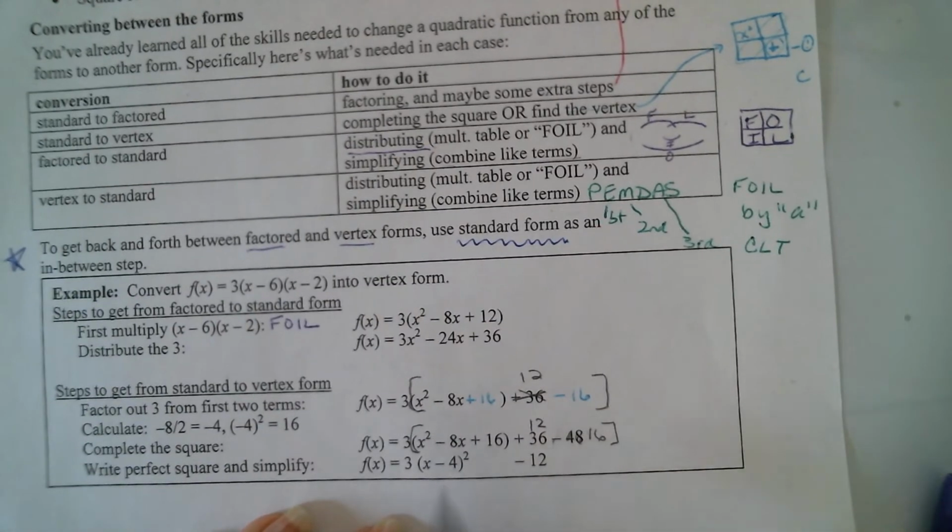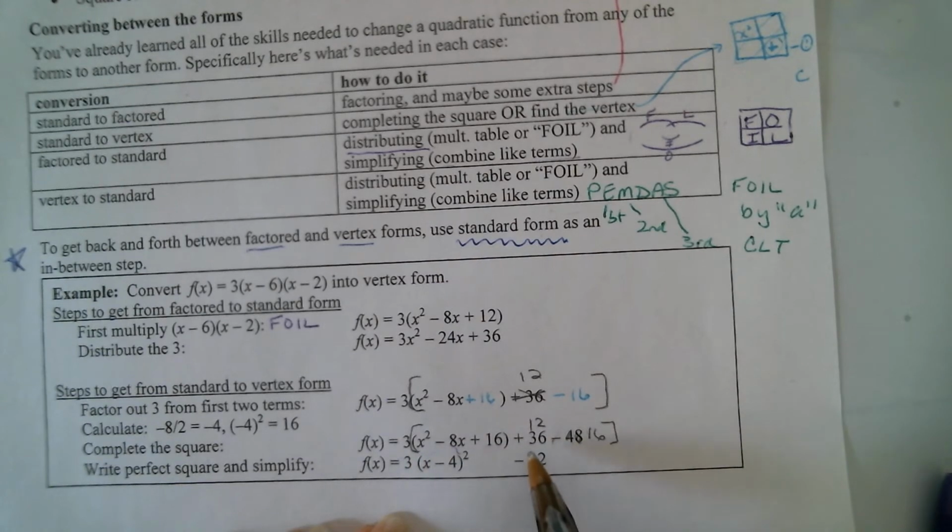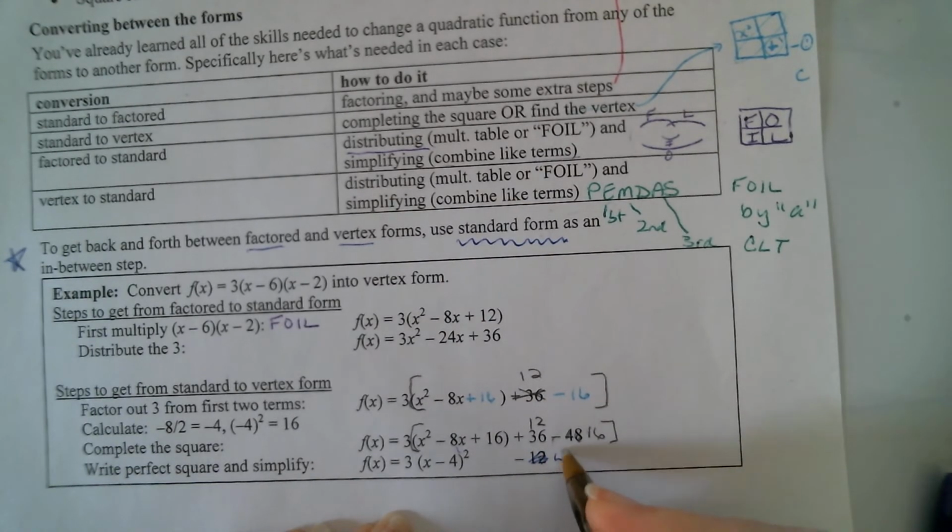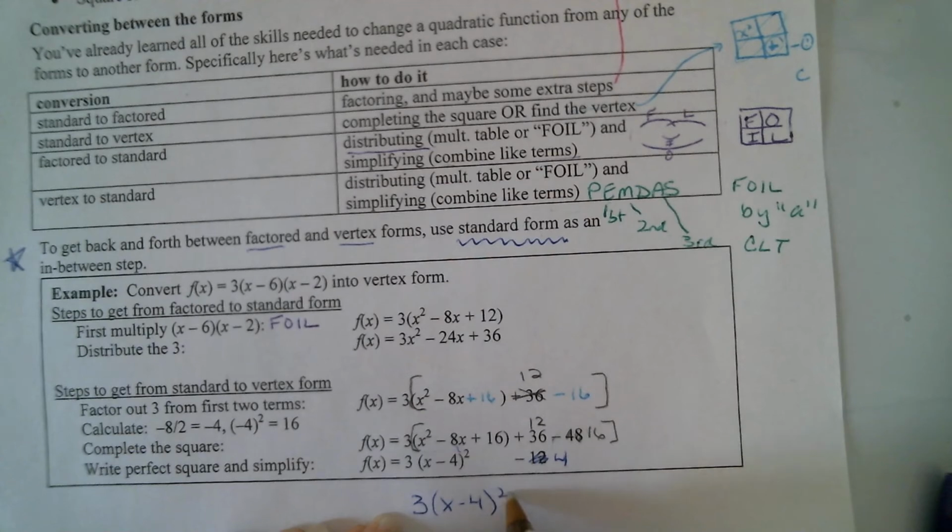And then this part right here we would simplify to (x minus 4) squared. That's the perfect square trinomial. And then this part, a positive 12 and negative 16, becomes negative 4. And we distribute that 3 to both of these, so we would get 3 times (x minus 4) squared minus 12.